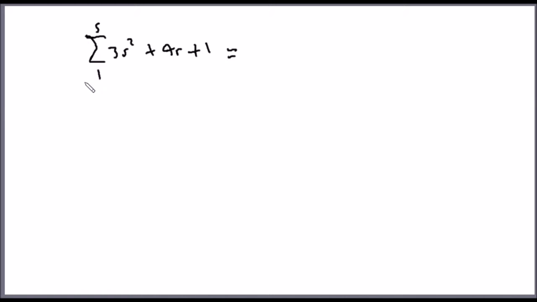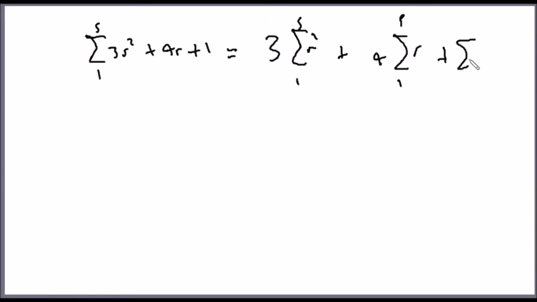Also, you don't have to say r equals at the bottom here, because it's kind of already assumed. Okay, so let's do this. That's equivalent to 3 times the sum of r squared plus, and then this one is 4 on the outside, and then there's just 1.